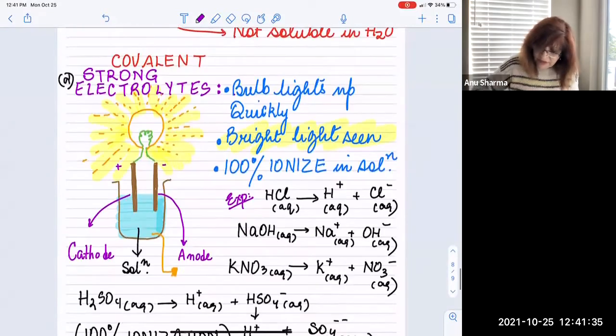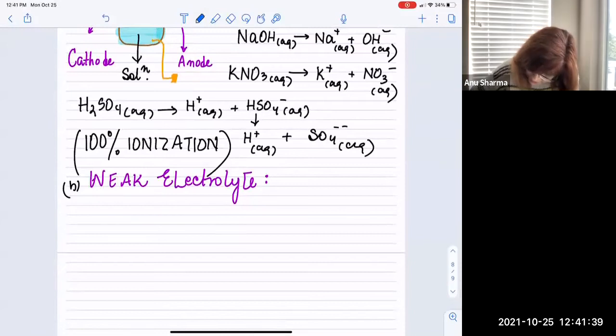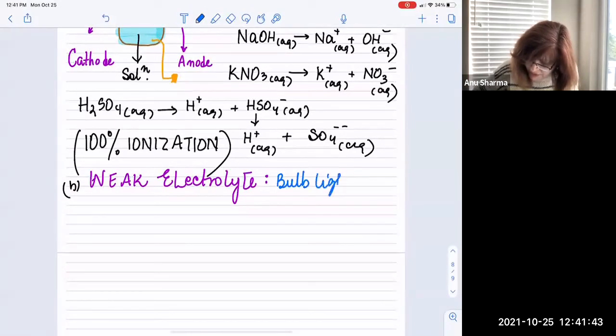So we see that the bulb lights up slowly, sometimes it takes very long. The bulb lights slowly, and we see a very dim light, and less than 100% ionization.